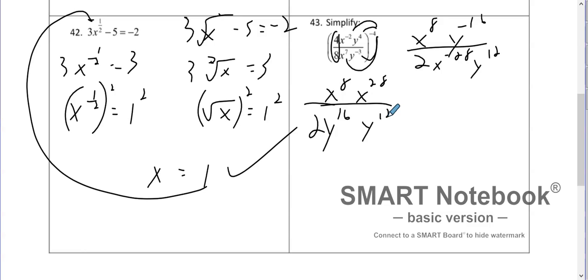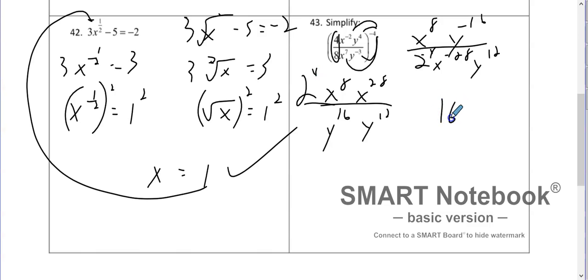I forgot to distribute the negative 4 right here. Silly me. Which does mean this is going to move up top like so. Okay? Because I forgot to put that little 1 there to remind myself to distribute the negative 4 to the 2. It happens. Don't worry about it.